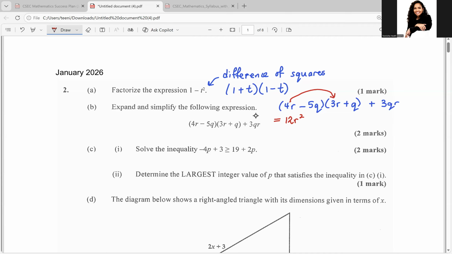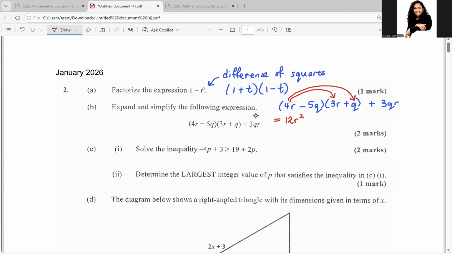Then you still take that 4r and multiply it by q. Because in this question I am already seeing them writing qr, I'm going to write 4rq as 4qr, because rq and qr mean the same thing. Multiplication is commutative.